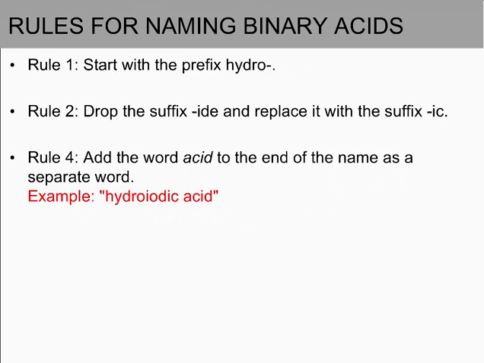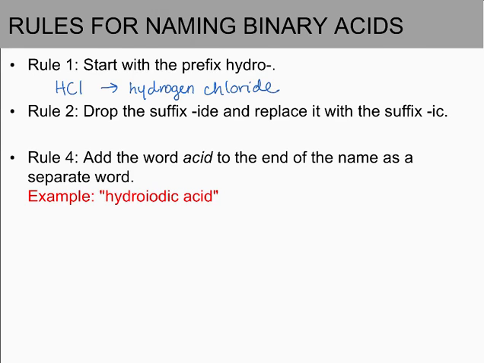All right, so let's use the example of HCl, because we already know the name is hydrochloric acid. So rule 1, we start with the prefix hydro, and then rule 2, we drop the suffix -ide and replace it with the suffix -ic. So for instance, previously we might have named this hydrogen chloride, right?